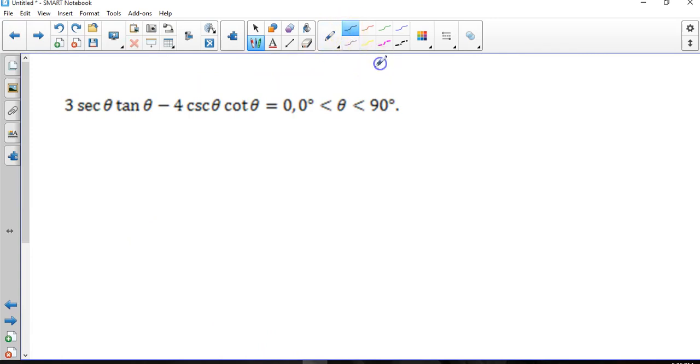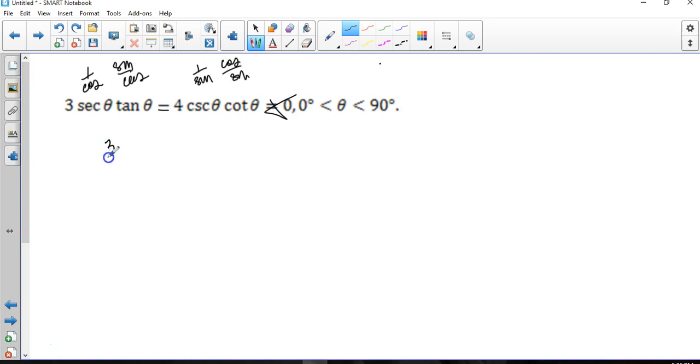is to add the 4 cosecant cotangent to the other side, and then change these to sines and cosines. So secant's 1 over cos. This is sine over cos. This is 1 over sine, cos over sine.